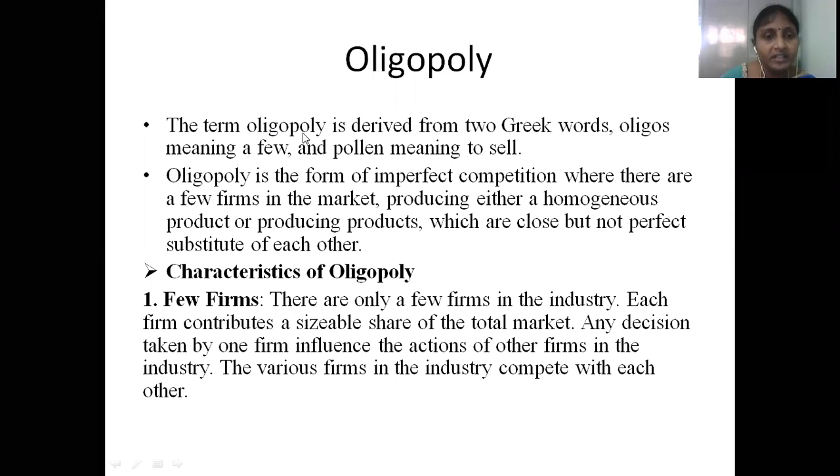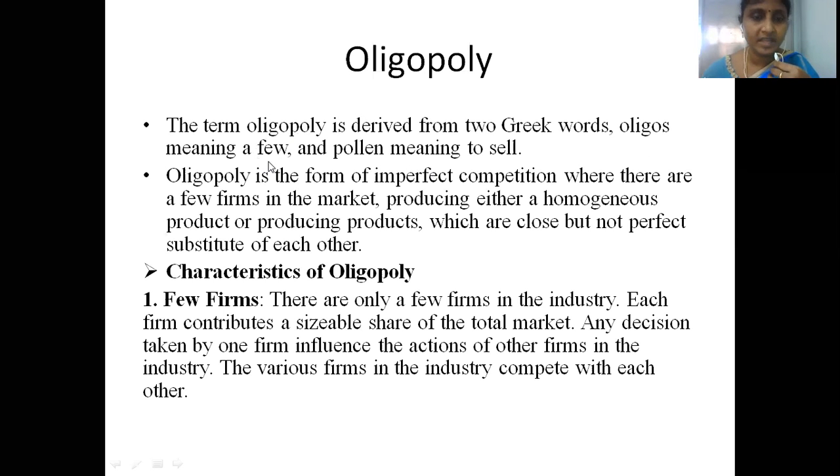Whenever in this market structure only a few firms are selling that type of product, that type of market is called oligopoly. The term oligopoly is derived from two Greek words. One is oligos and the second word is polen. Oligos means few.